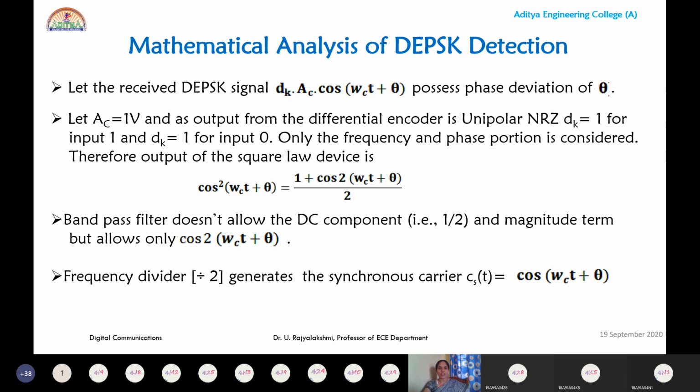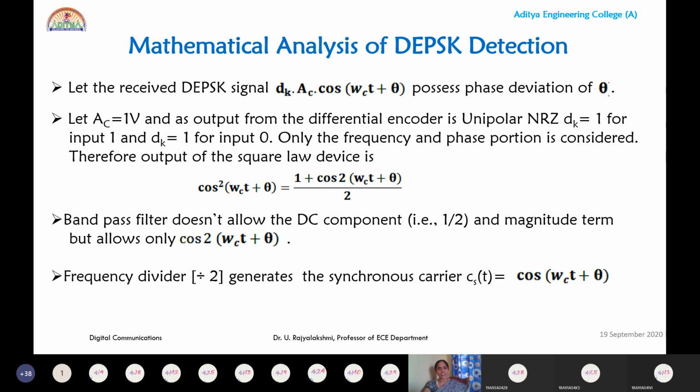The band pass filter does not allow the DC component and magnitude term, but allows only cos(2 omega ct plus theta). Almost all the three steps remain the same as in BPSK detection. So upon eliminating the half, we get only cos(2 omega ct plus theta).